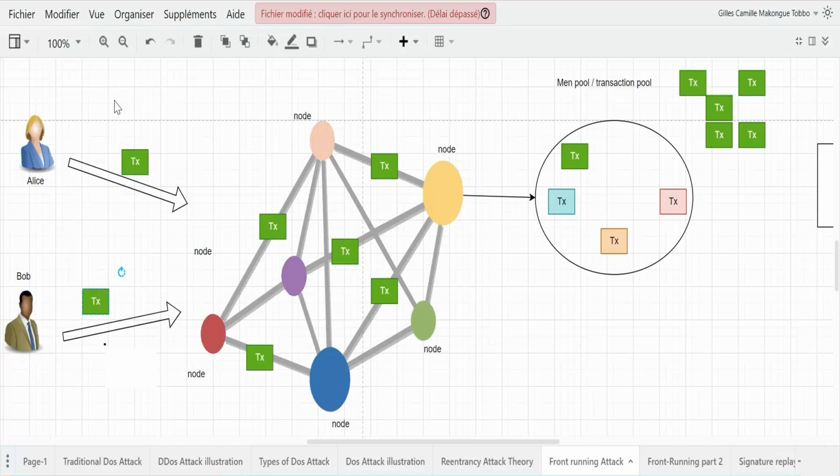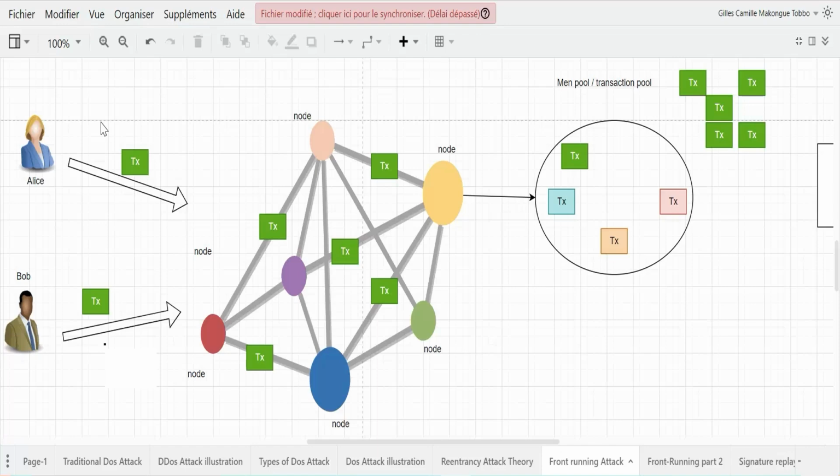It's true that we talked about it in proof of work, but now we need to talk about it in this specific context for you to be able to understand exactly how it works. So we have Alice here and we have Bob. For a transaction to be validated into the blockchain by miners, it has to follow a certain path, okay?